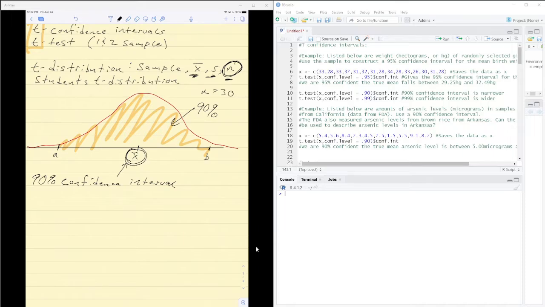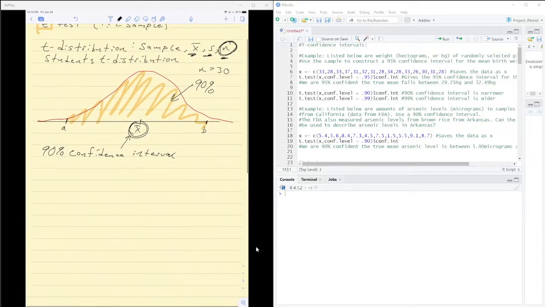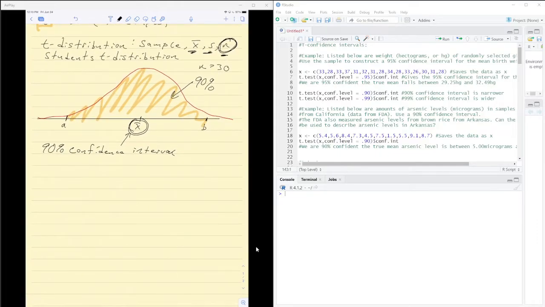Okay. And there are a bunch of formulas and stuff you could do to compute this, but we are going to end up using software. And how the formula typically goes is in a t-distribution, you take your mean, and then you add and subtract some number.